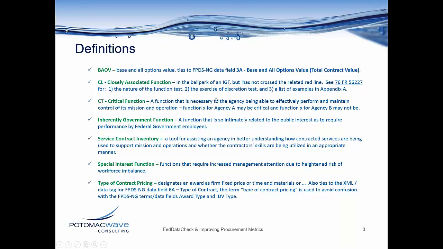Either get some federal employees involved or get more senior people overlooking it, so that if that contractor defaults, the agency doesn't lose control of its mission and is unable to carry out its mission.